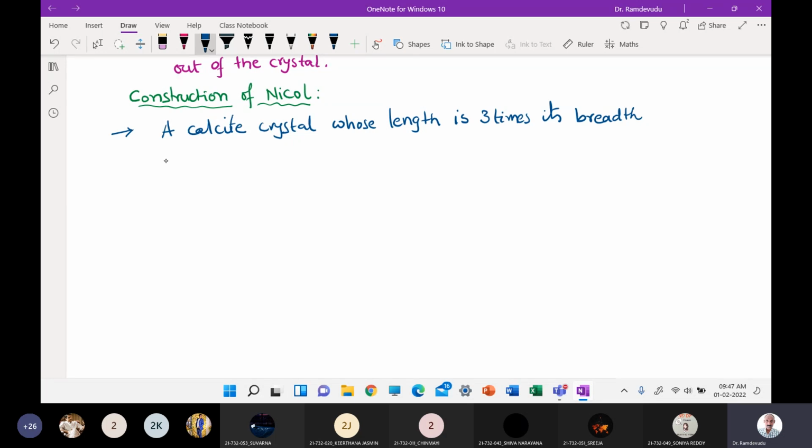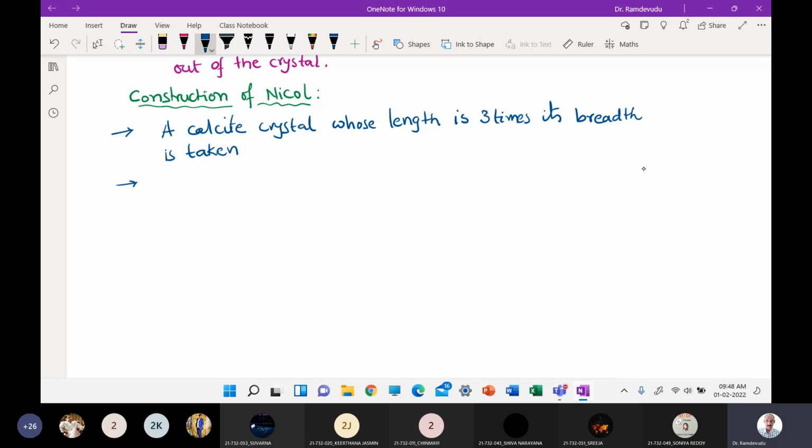And not only this, what we want more is that to increase the view, we have to take this crystal and grind it or polish it so that the angles in the principal section will change from 71 degrees to 68 degrees and 109 degrees to 112 degrees.